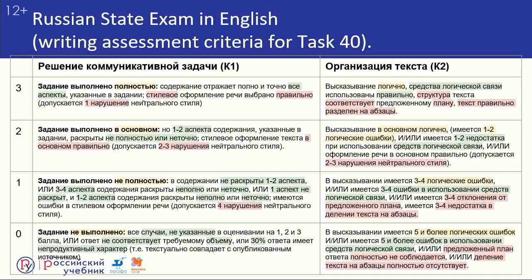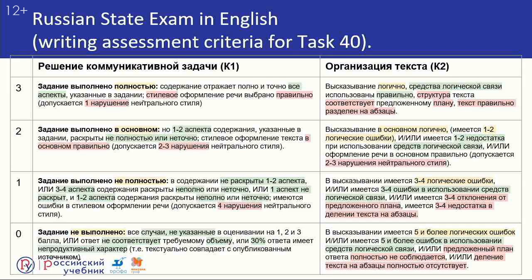The content, right, reflects all the aspects given in the task. All the aspects, все аспекты in this case is a keyword, because if we have a look at the very same criterion at level 2, we have only 2 aspects. So this is probably something that you want to highlight when working with an assessment scale, right?